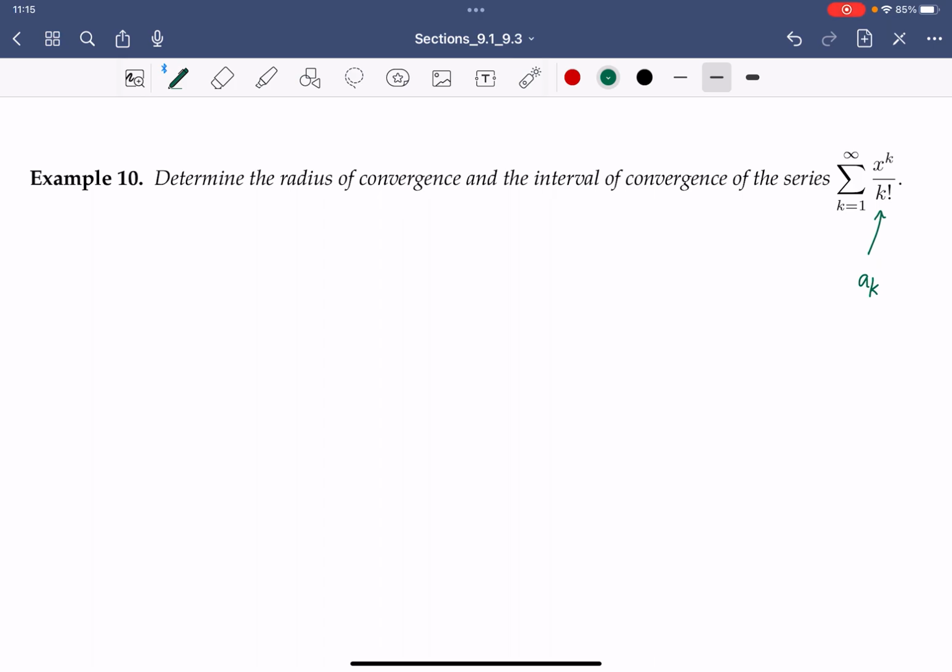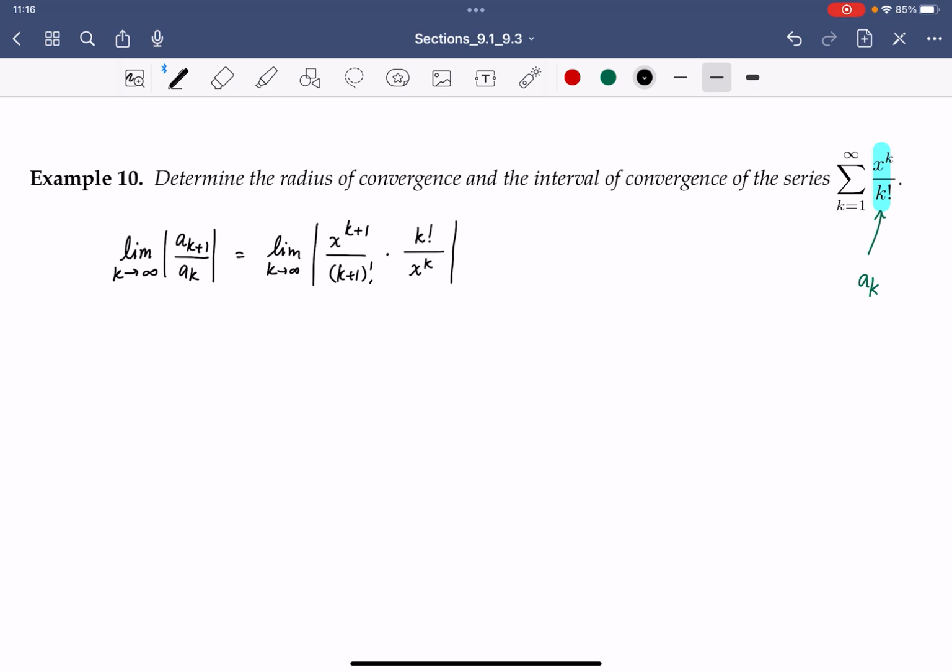It's going to be the limit of a subscript k plus 1 over a subscript k, as k goes to infinity. So a subscript k plus 1 is going to be x to the k plus 1 over k plus 1 factorial, and this one is going to be k factorial over x to the k, right?